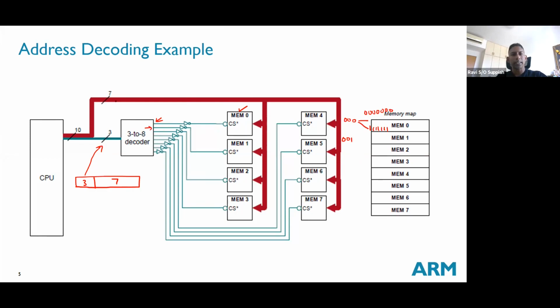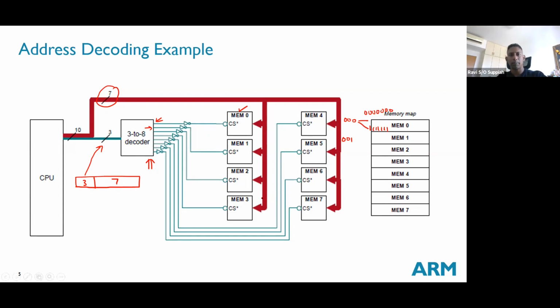You can see that the lower 7 bits of the address automatically go to all the memory chips at the same time, but that doesn't matter, because at any point in time only one of the output lines of the 3 to 8 decoder will be active. If only one line is active, then only one chip select will be active, so the rest of the memory will not interfere with our communication.